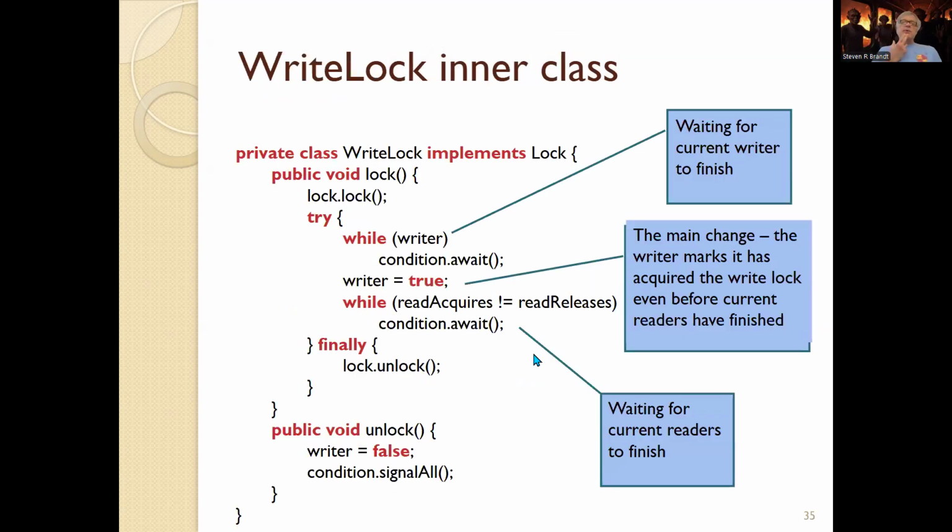And on my write lock, what I do is I get the lock, I wait while there's another writer, then I set the writer flag to true, and then while read acquires does not equal read releases, I await. So I have to await twice in the write lock implementation. And then once I've gotten through this, right, then I own the write lock and no one else owns a read lock. And I can unlock this by just setting this to false, right? So the read lock unsets by doing read releases increment, and this does writer to false.